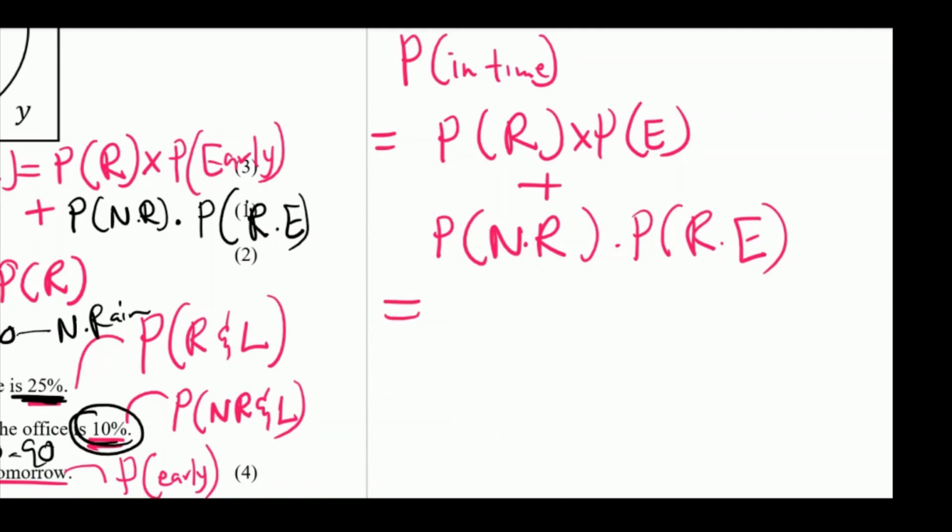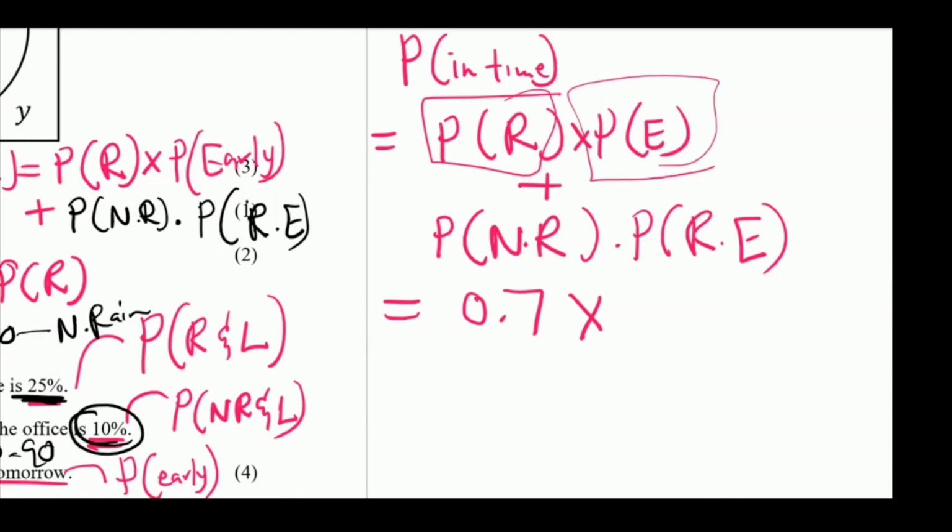The probability that it will rain, as I said earlier, is 70%, so it's 0.7, presented in decimal form, multiplied by the probability that you'll arrive early.